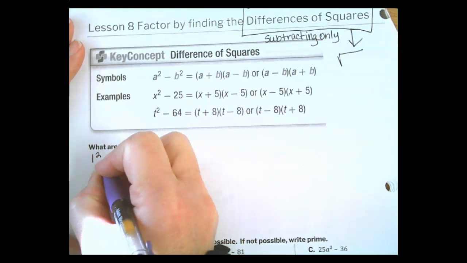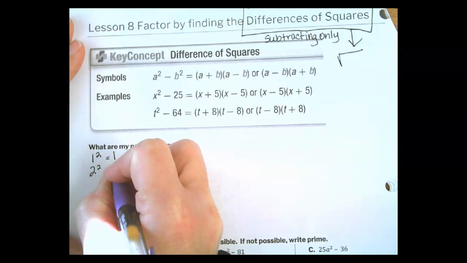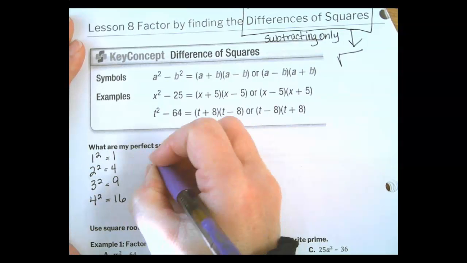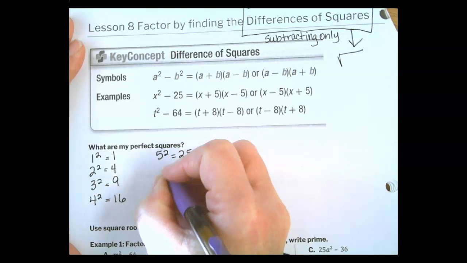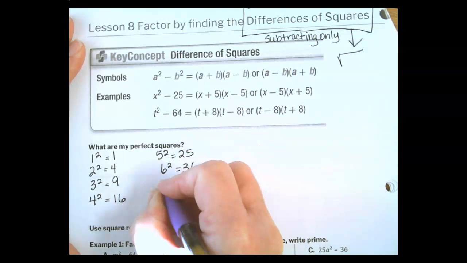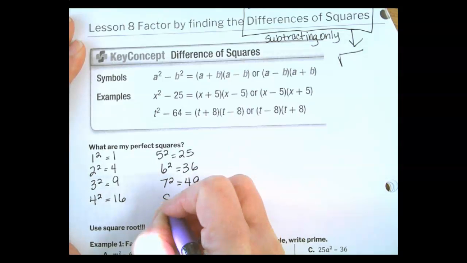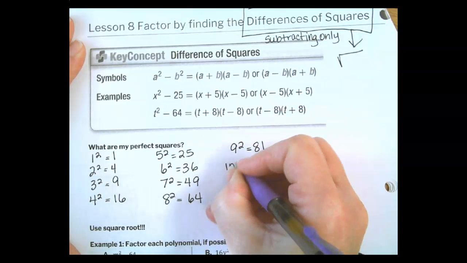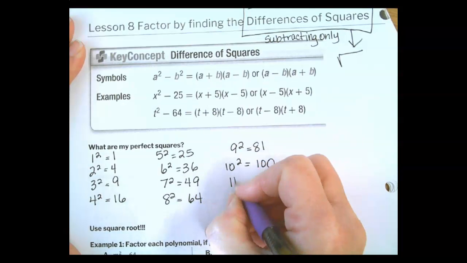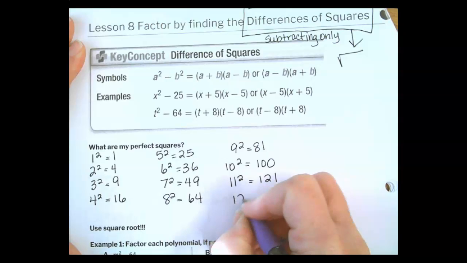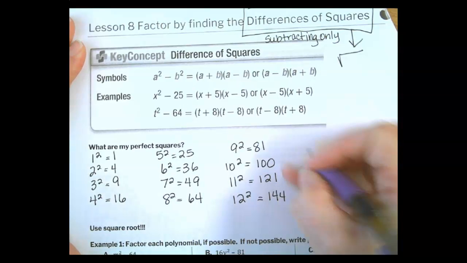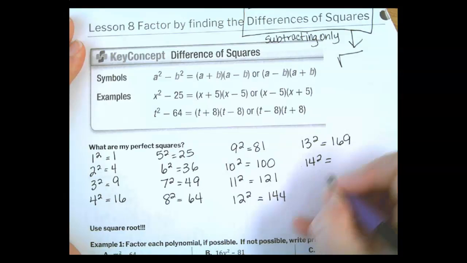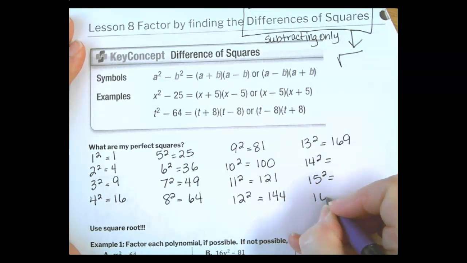So 1 squared equals 1, 2 squared is 4, 3 squared is 9, 4 squared is 16, 5 squared is 25, 6 squared is 36, 7 squared is 49, 8 squared is 64, 9 squared is 81, 10 squared is 100, 11 squared is 121, 12 squared is 144, 13 squared is 169. 14 squared is the one I can never remember, and as we go up here, I am using my calculator.